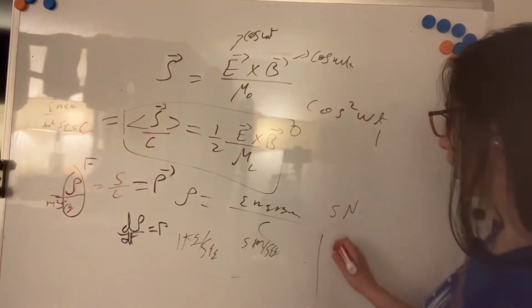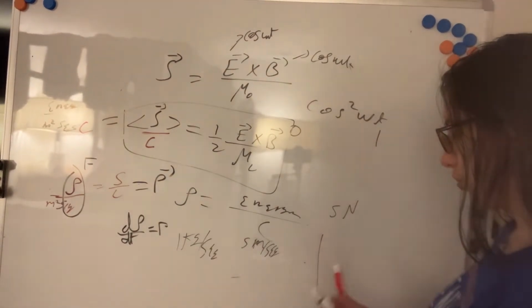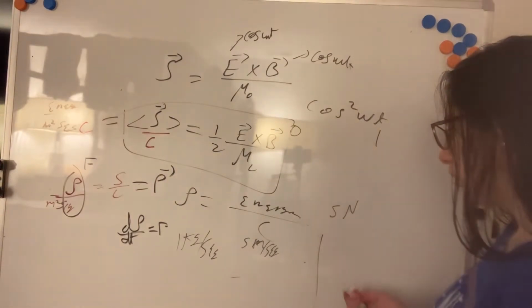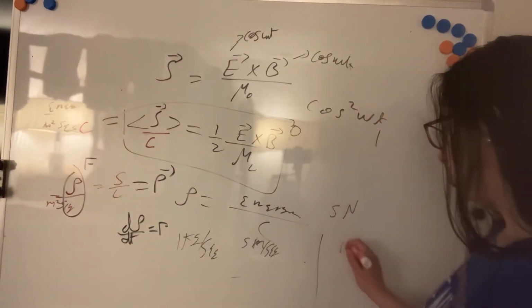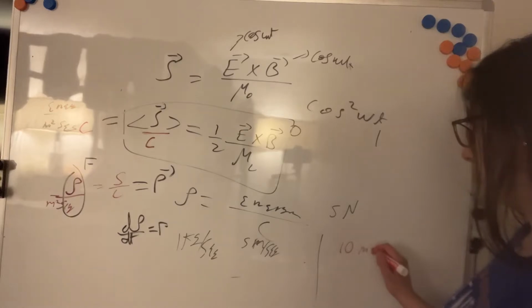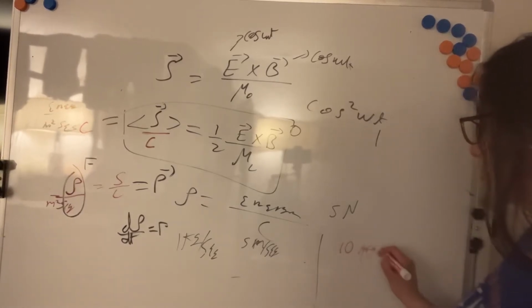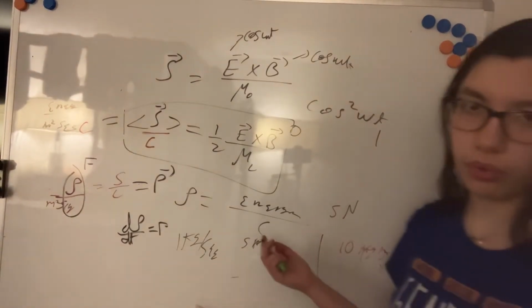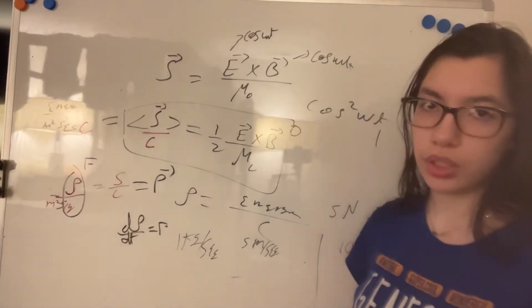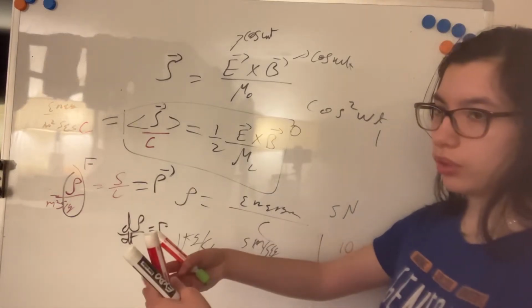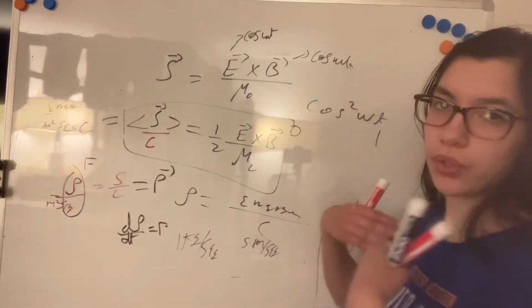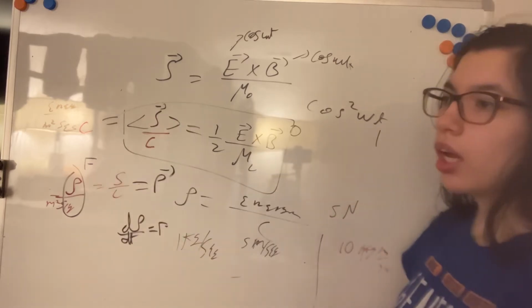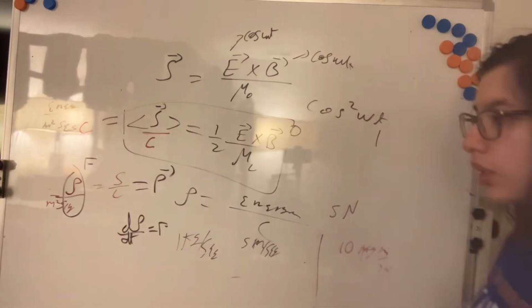So we will have a change of 10 kilogram meter per second. And the force that we would feel would be twice, because it's the force that we need to stop it plus the force that is needed to return it again.